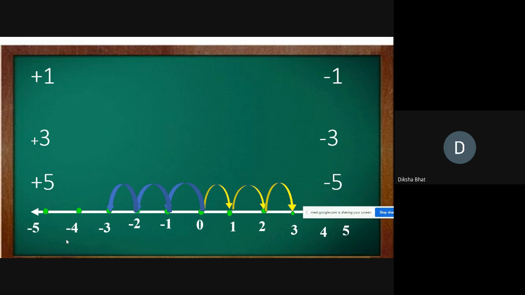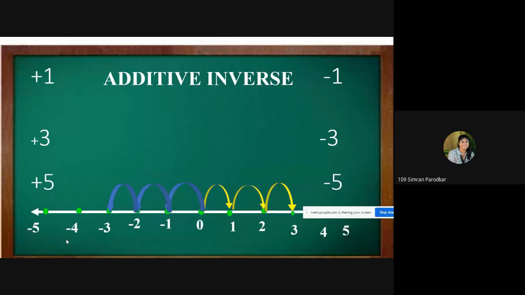Yes, correct. Such numbers which when added give 0, or the numbers which are equidistant from 0 on the number line, are called additive inverses of each other. So the additive inverse of plus 1 is negative 1. Similarly, the additive inverse of plus 5 is negative 5. What will be the additive inverse of plus 3? Negative 3. Correct.